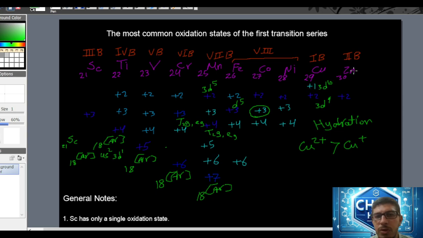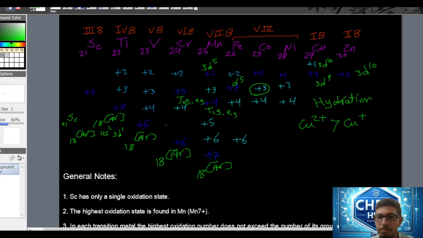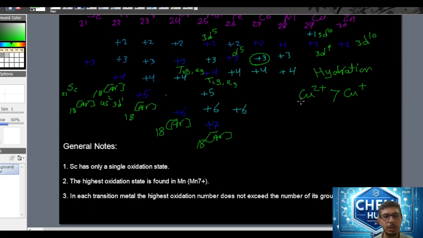Okay, we move on to the zinc, and zinc has only one common oxidation state, I should say, okay? That is 3d10.